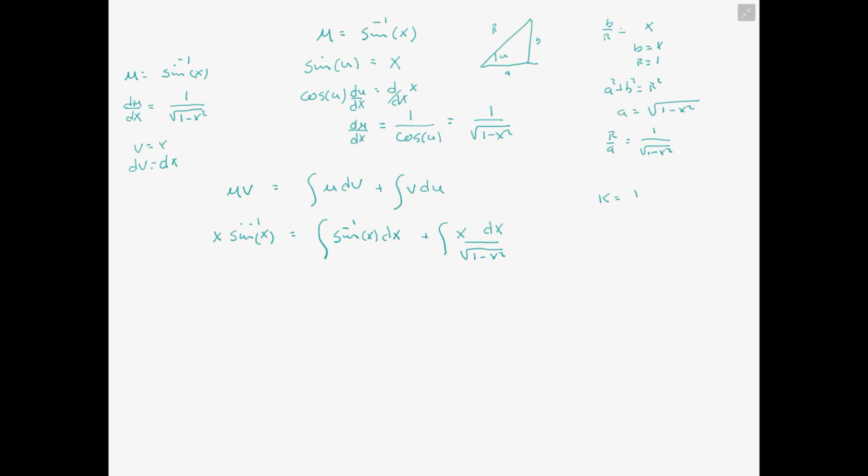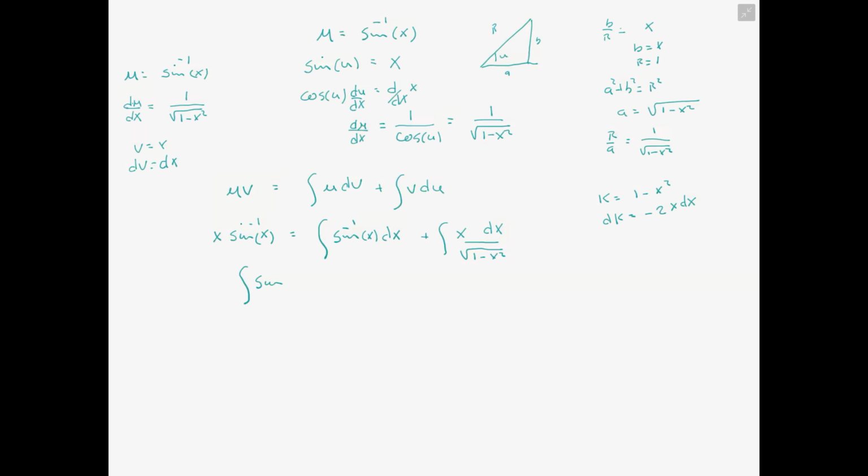So let's say k equals 1 minus x squared, dk equals minus 2x dx. And so we have, let's get swapping around with things.